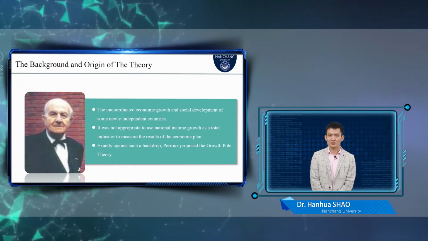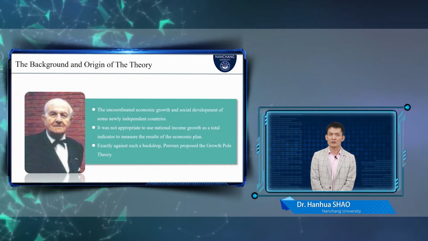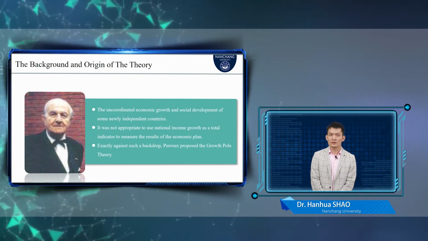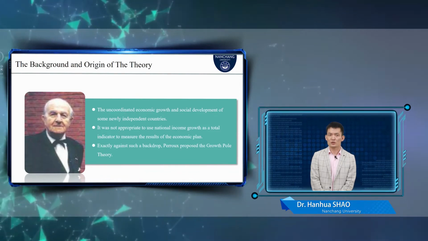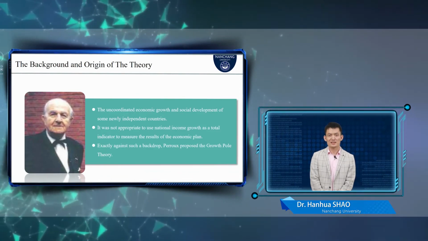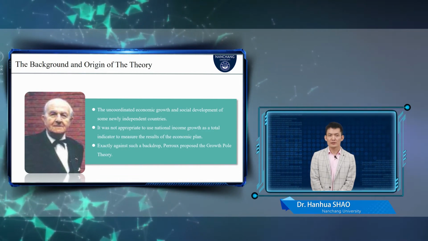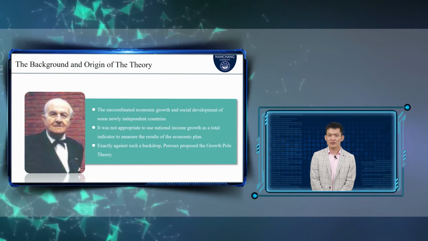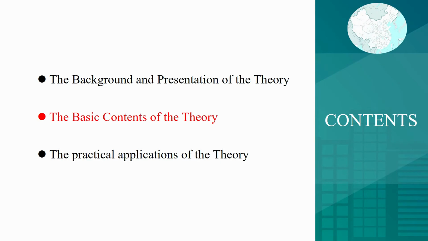He advocated arranging economic plans by a non-aggregate method, decomposing the national economy into departments, industries, and engineering projects according to geographic size, establishing and developing growth poles, and boosting the growth of the entire national economy with the growth of poles. Next is the basic content of the theory.